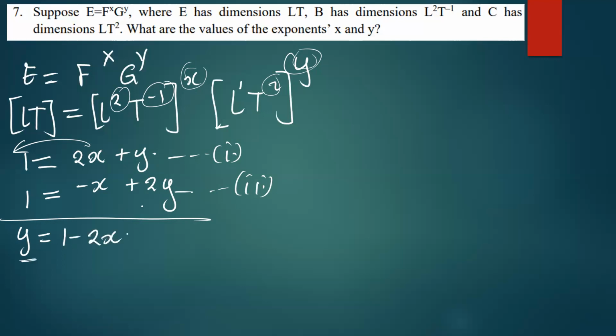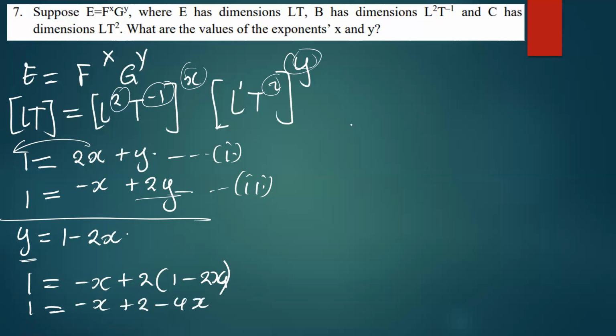So we replace this y in this expression so that we have 1 is equal to -x plus 2, open brackets, 1 minus 2x. And we simplify this, to have 1 is equal to -x, then we have +2, -4x.